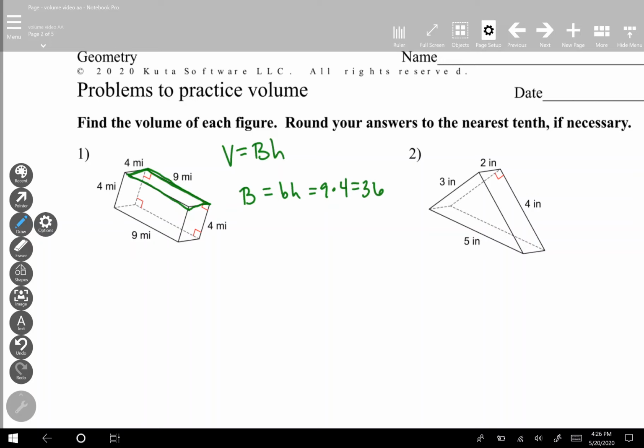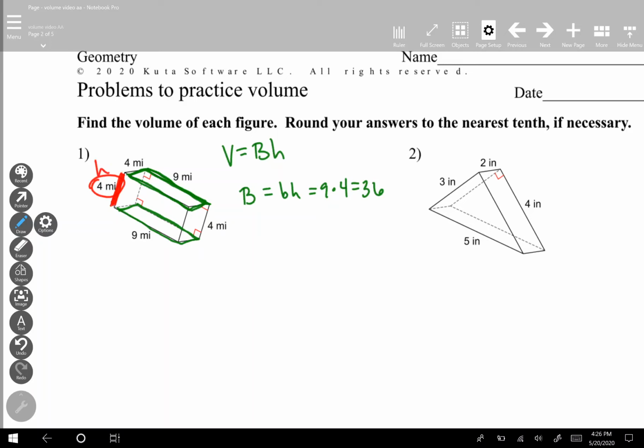Now I can talk about the height of that prism. Okay, remember I said the bases, using this top rectangle, and its match is this one here on the bottom. Now the height of the prism is the distance between the two. Okay, the height of the prism is this 4 right there.